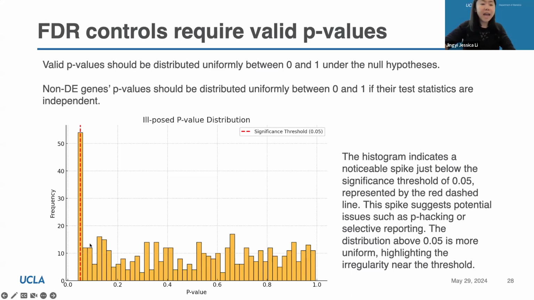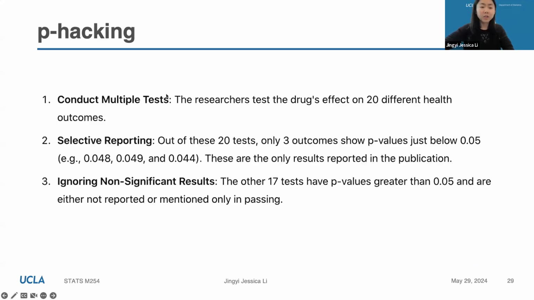But if you have a histogram with a very sharp spike just below 0.05, this might indicate p-hacking. That is, these p-values were selected. You look at your results and screen for the smallest p-values to keep them. That's the problem. I think this is in the article I shared with you after the first lecture. So what is p-hacking?